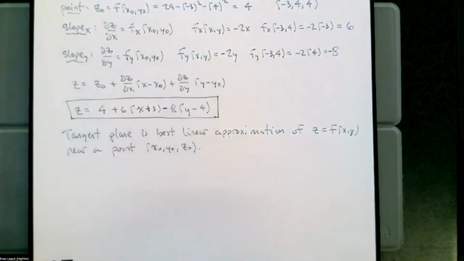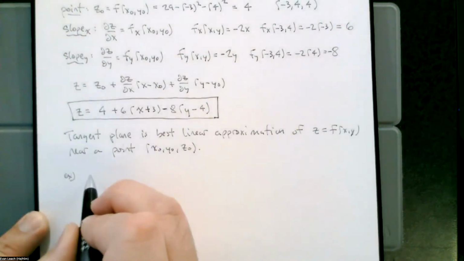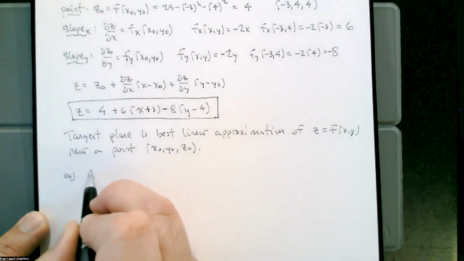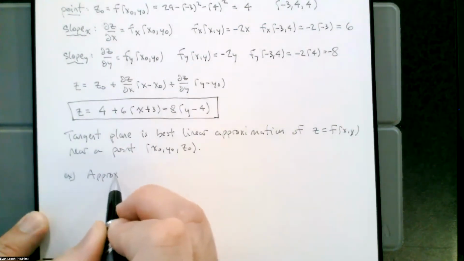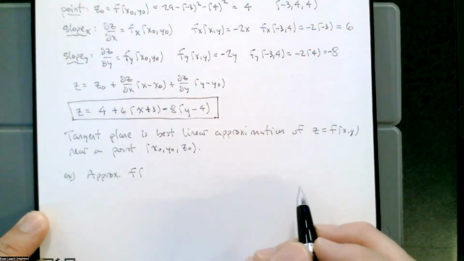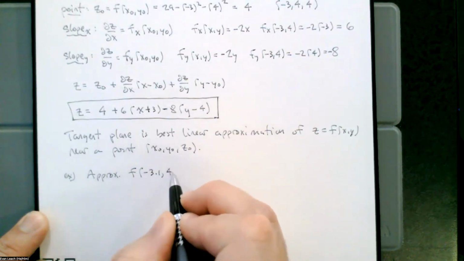So we could, for example, let's say negative 3.1, 4.2.